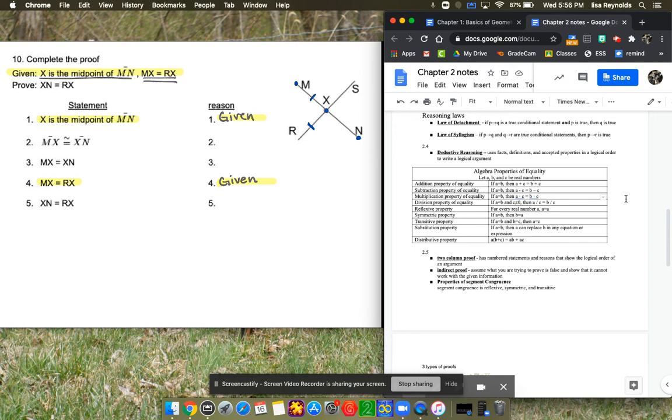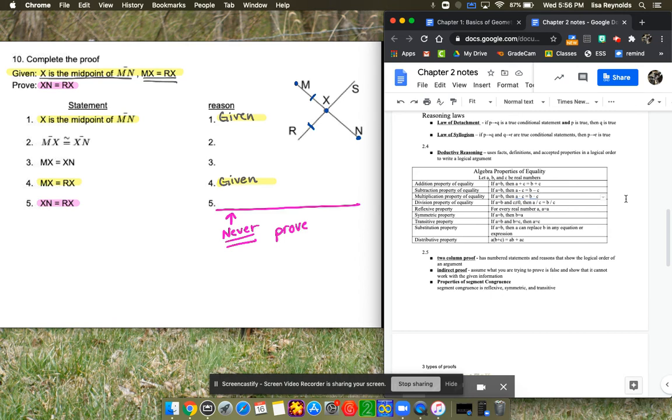So I'm going to mark them with the same thing. Now, the other thing about a proof is whatever it is we're supposed to prove will always be the last statement. However, this last reason is never anything to do with the word prove.